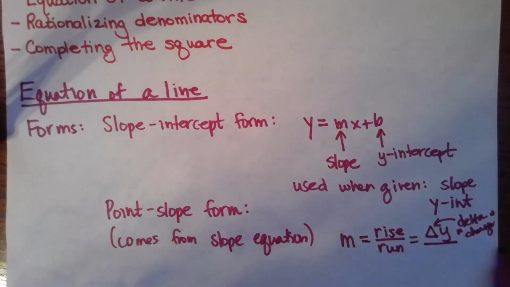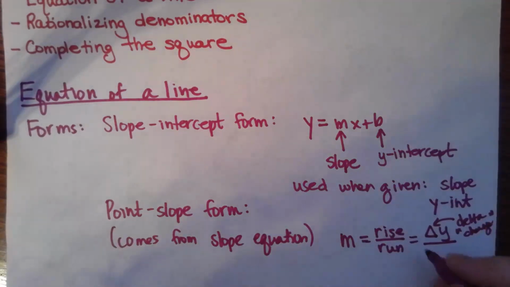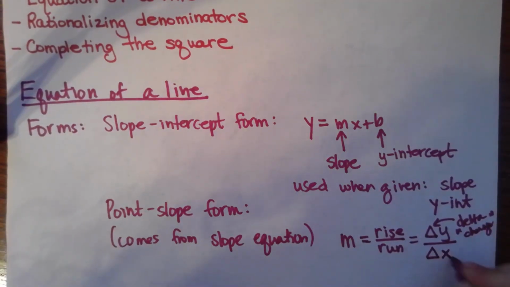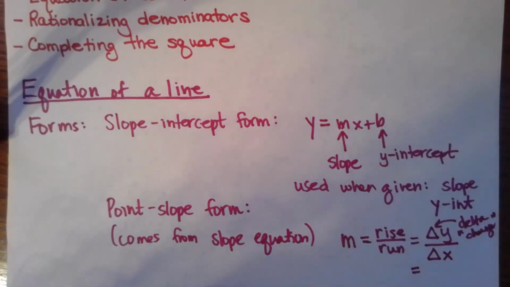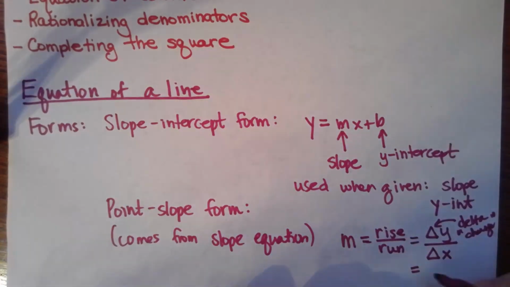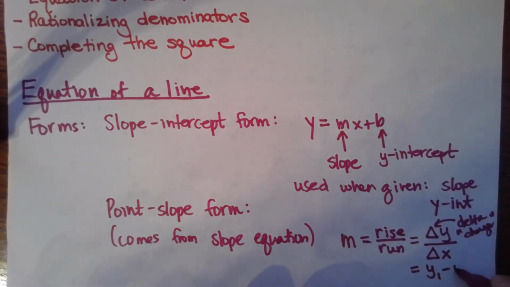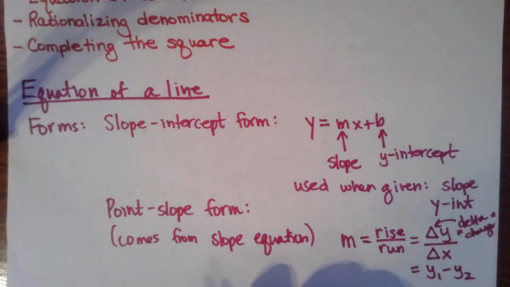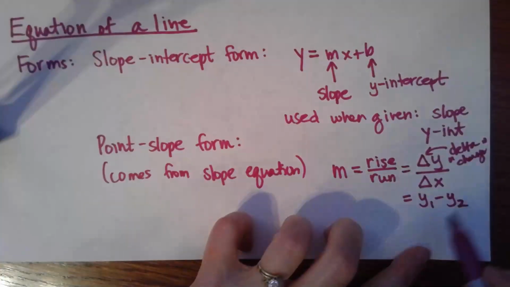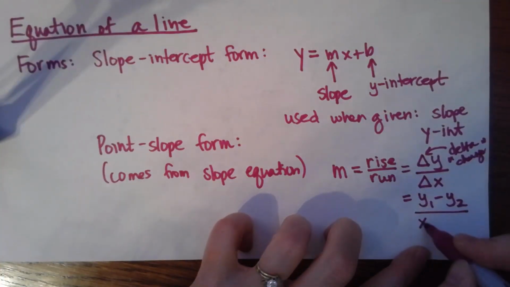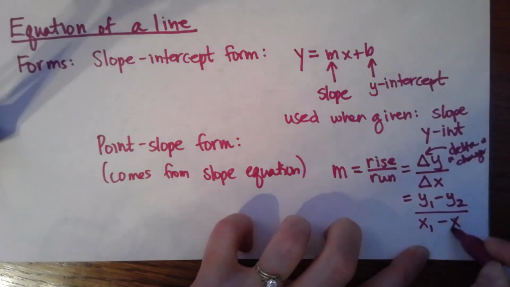And then the run goes this direction, the x direction. So that would be the change in x. And the way that we write the change in y, we would take two y values, y1 minus y2. When we subtract them, that gives us how much the y changes. The change in x is taken by subtracting two x values.